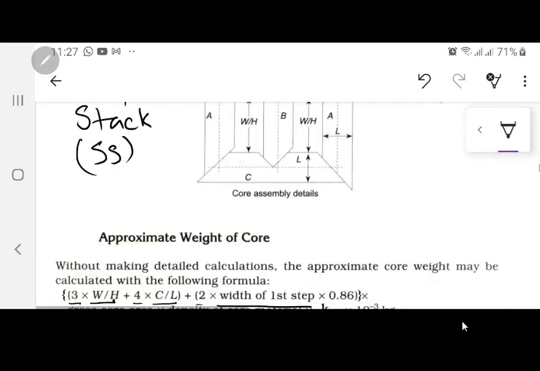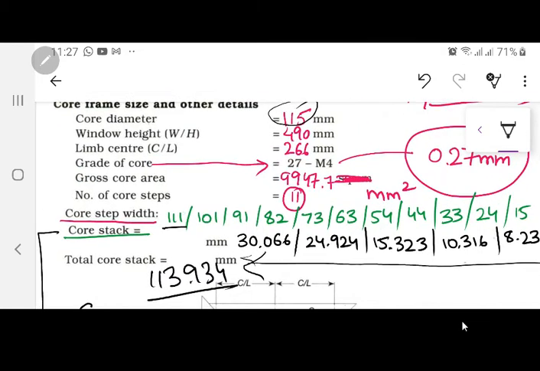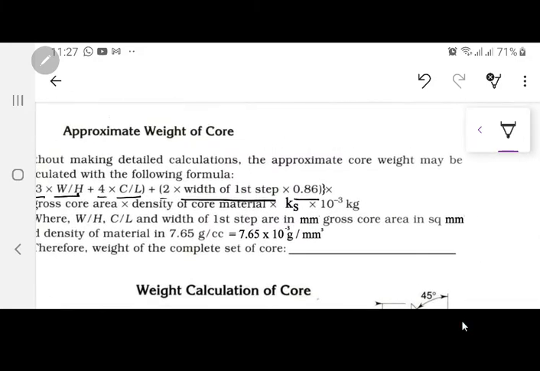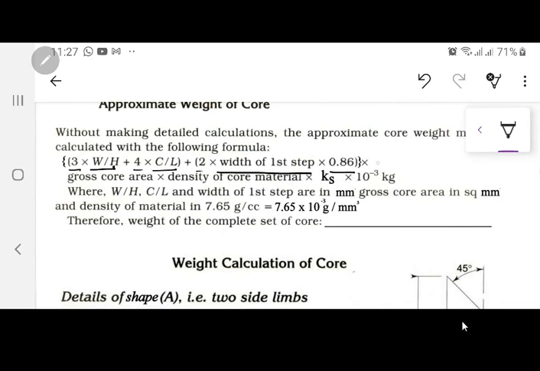The width of the first step is 111 over here, and then 0.86, a factor used for the approximate calculation, multiplied by the gross core area, multiplied by the density of the core material, which is given as 7.65 into 10 raised to power minus 3 gram per mm cube.